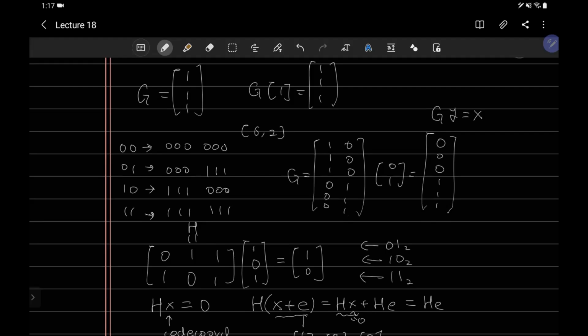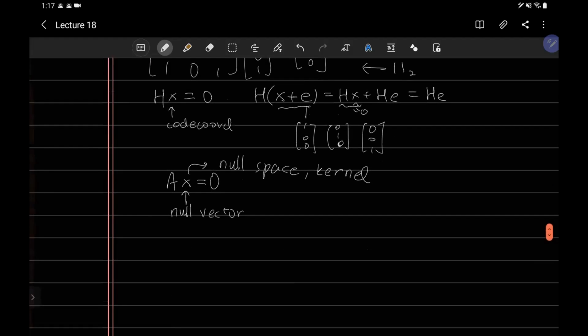So we can claim that all code words without any error are linear combinations of all these column vectors.